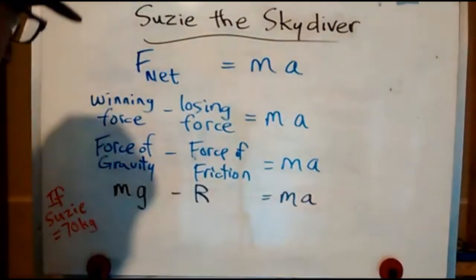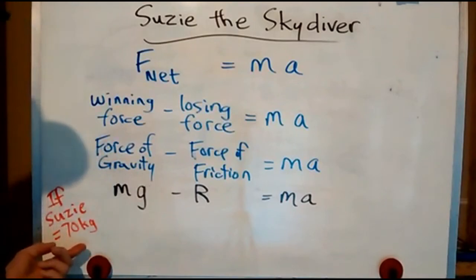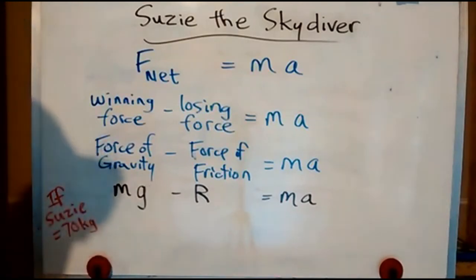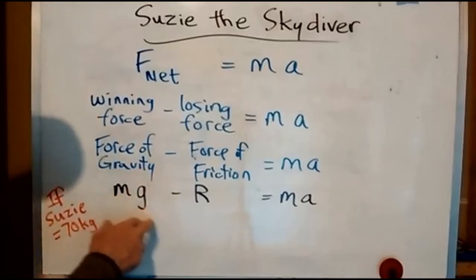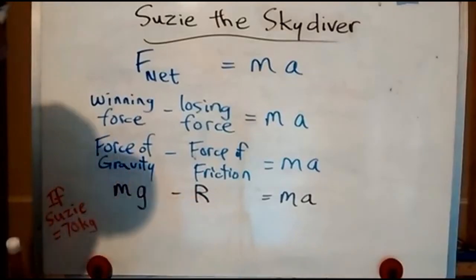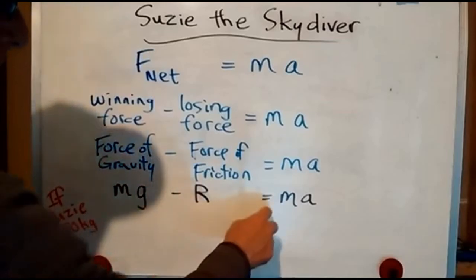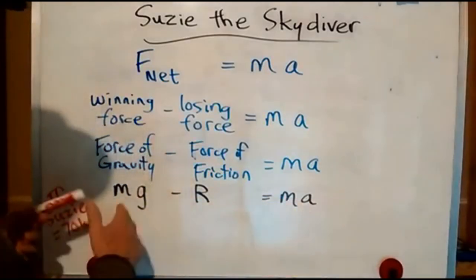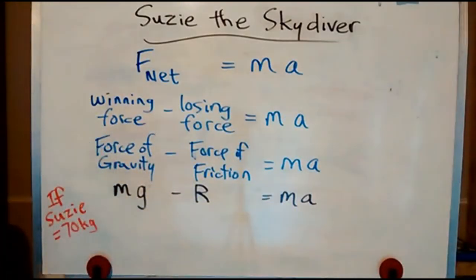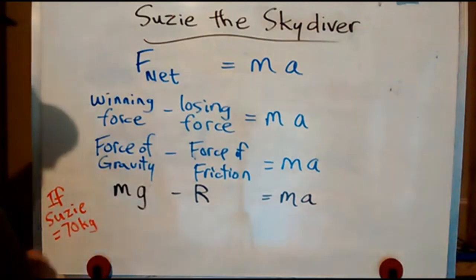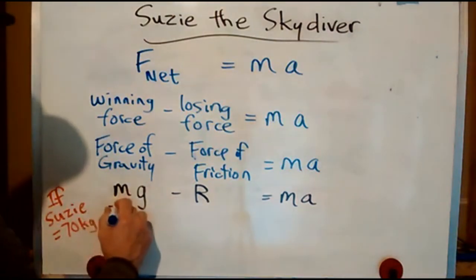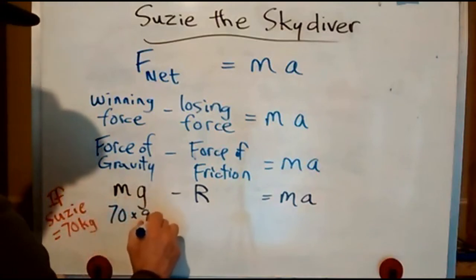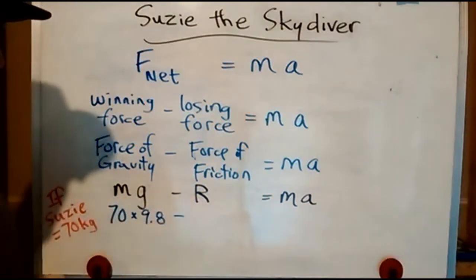Well, if Susie has a mass of 70 kilograms, using the terminology that Hewitt uses in his problem, the winning force is mg, the losing force is R, which is the air resistance or air friction. That equals her mass times acceleration. So m would be, if it's 70 kilograms for her, 70 times 9.8 minus air resistance.